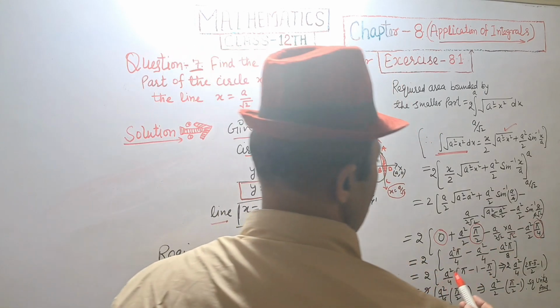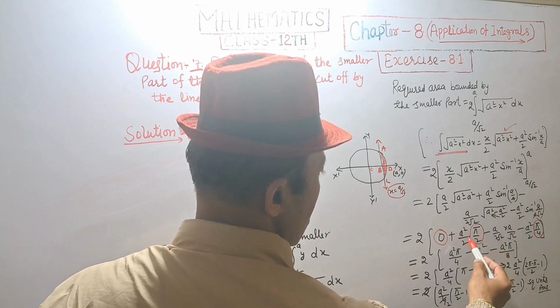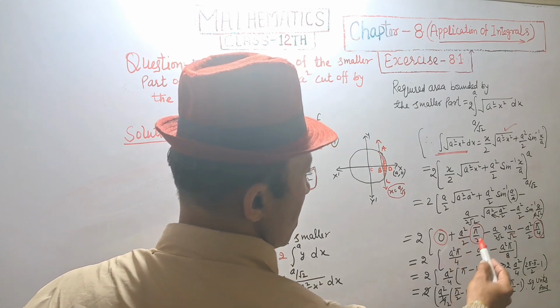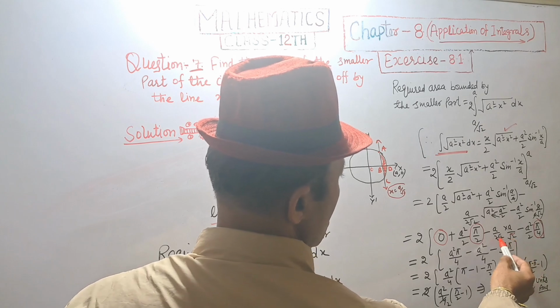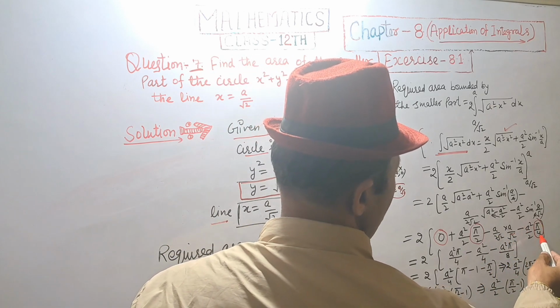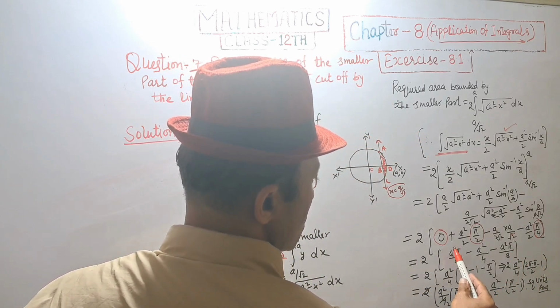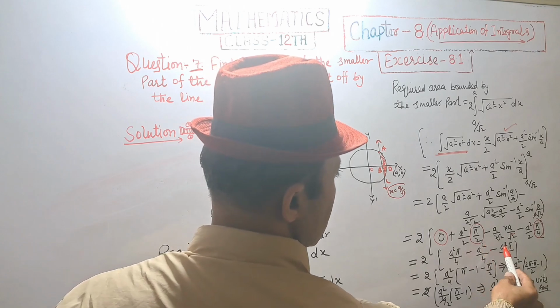We are multiplying a square pi upon 2, 2 times 2 is 4, minus a square upon 2 into 2 that is 4, minus a square pi upon 4, 2 times 4 is 8, and a square upon 4.